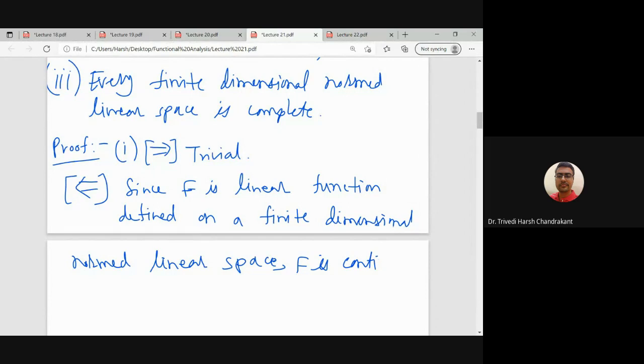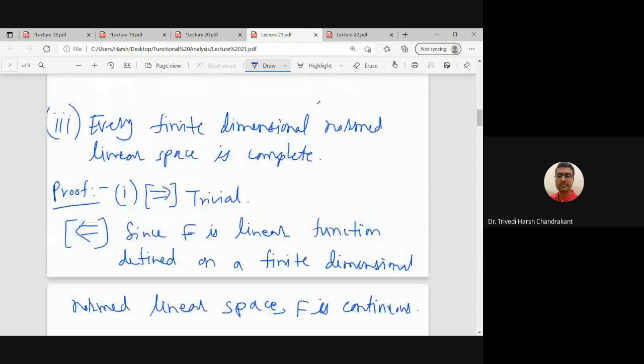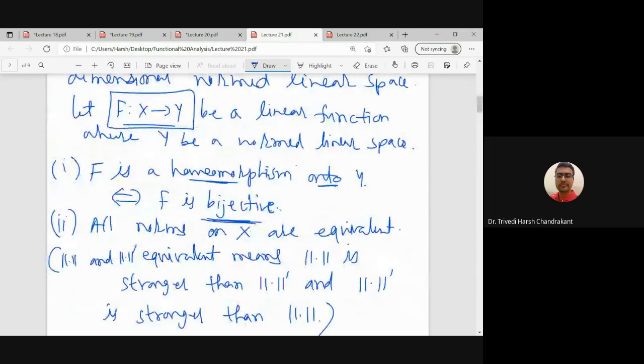So we proved this result that any linear function whose domain is a finite dimensional normed linear space is always a continuous function. So that we are using here. Now for the converse, to prove the homeomorphism, we need to prove that f inverse is also continuous.